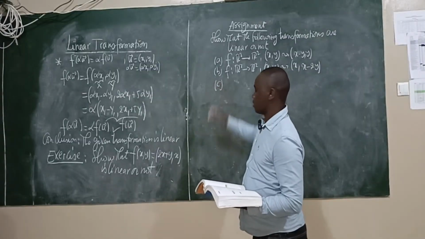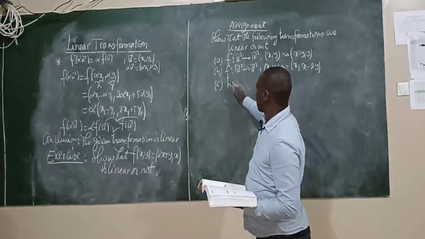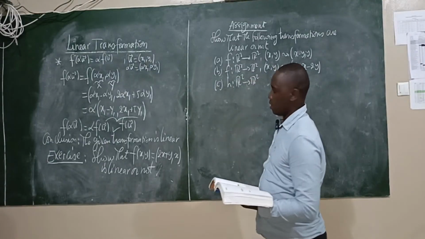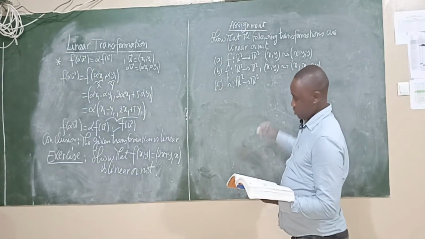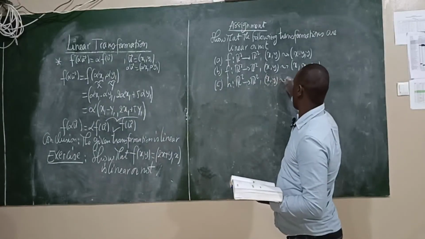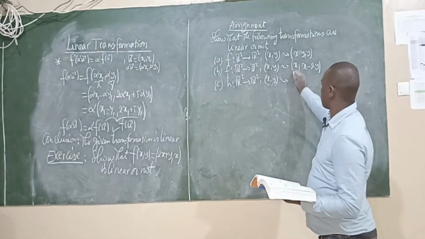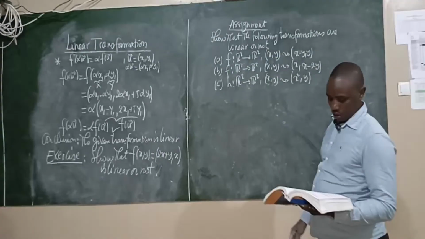C: H is a linear mapping that maps L2 to R2 as x, y maps to x square, comma, y.